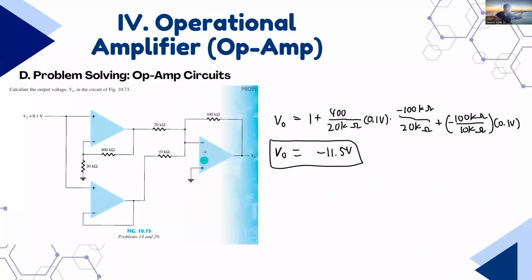So we apply VO is equal to 1 plus 100 over 20, which is the feedback of this first op-amp over the resistor to the ground, times 0.1 volts, which is the input voltage.